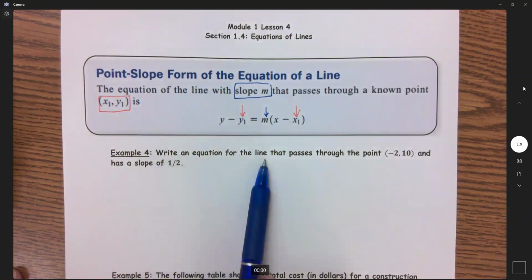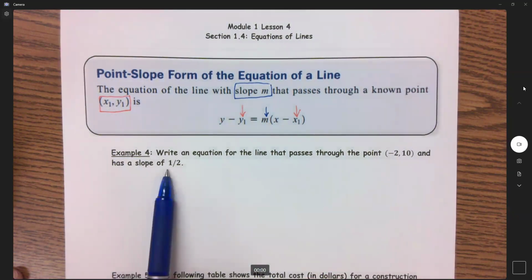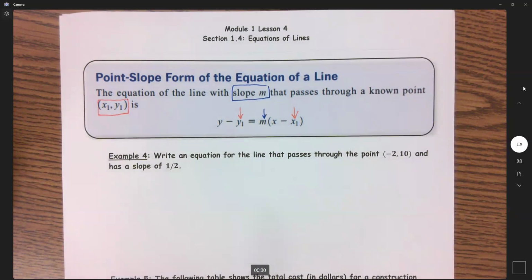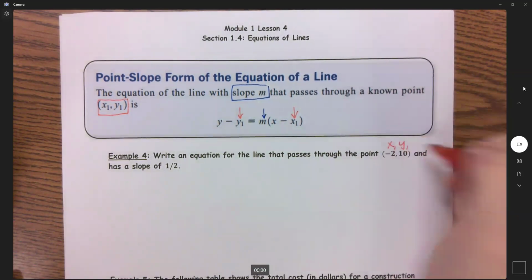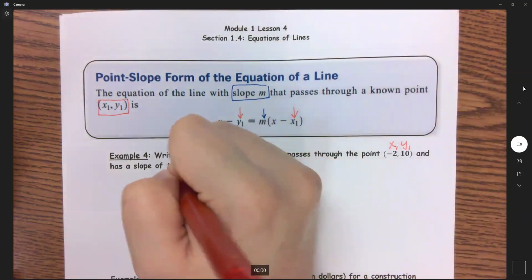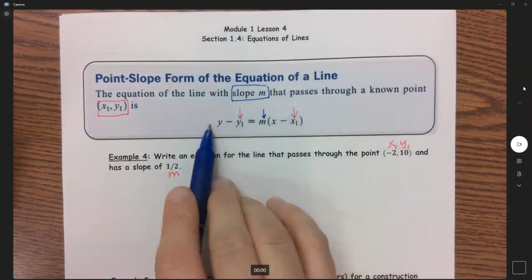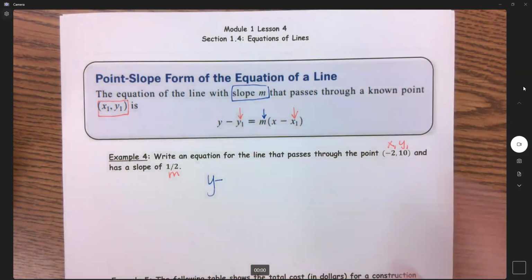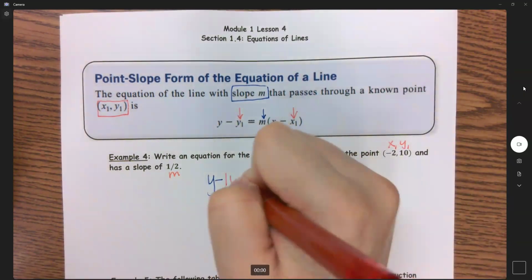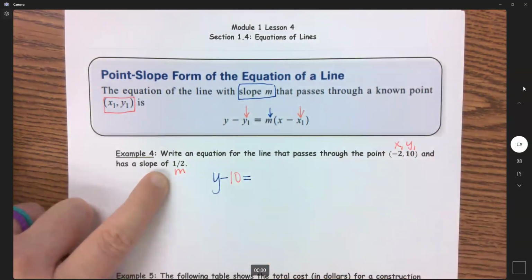So a very basic example of how to use this. Write the equation of a line that passes through the point -2, 10, and has a slope of 1/2. So if we label everything, this is my x1, y1, and this is my m. So we have y minus y1. So y minus my y1 is 10 equals my slope of 1/2.